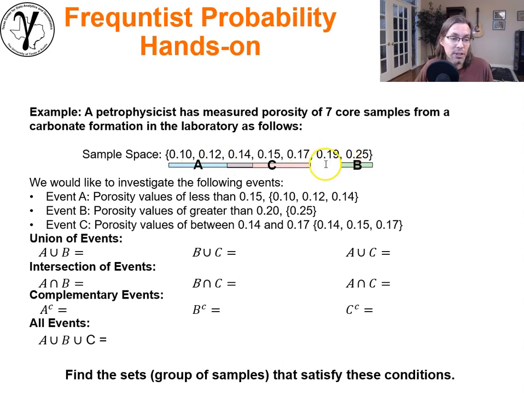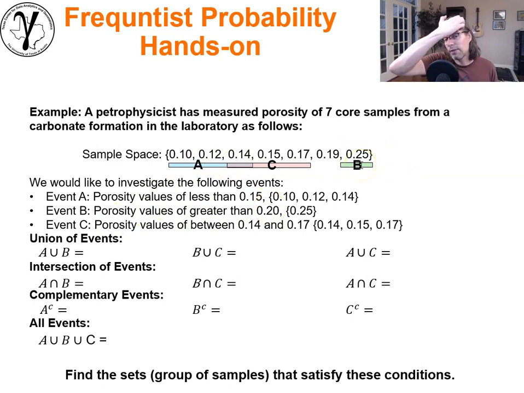That's just for demonstration. Okay, so a petrophysicist has measured porosity from 7 core samples from a carbonate formation, and they have these values right here. They've been sorted conveniently in order, and we want to define 3 different events. Porosity less than 15%, so that's a low porosity rock, and that's A, and you'll see A goes from here to here, the first 3 samples. Porosity greater than 20%, that's the really good stuff.